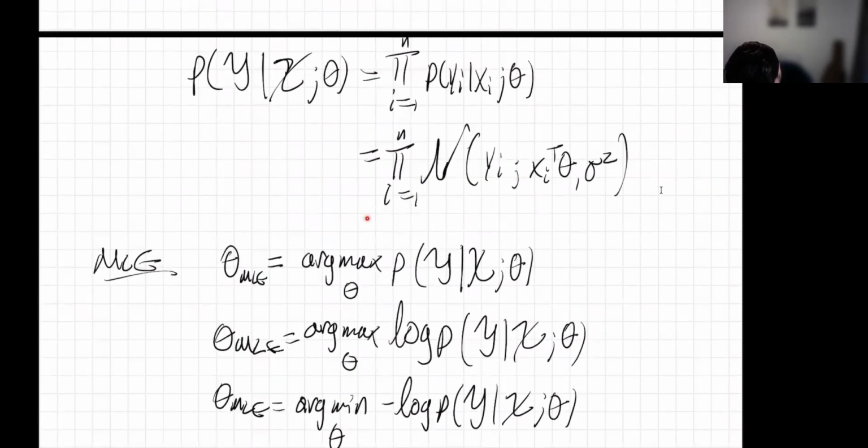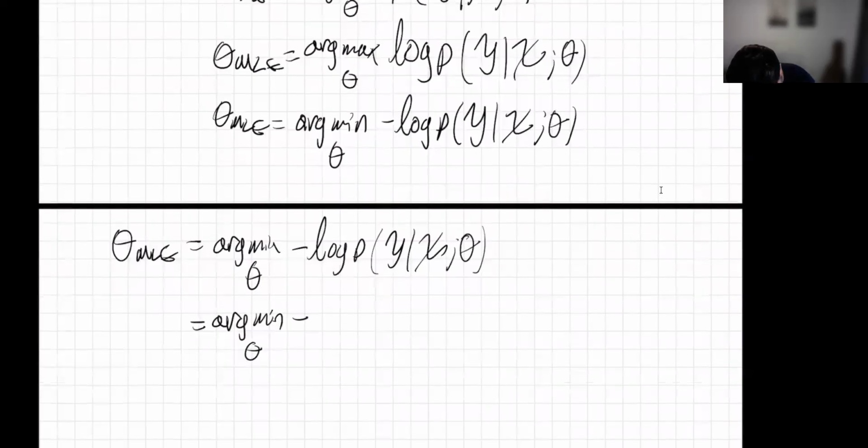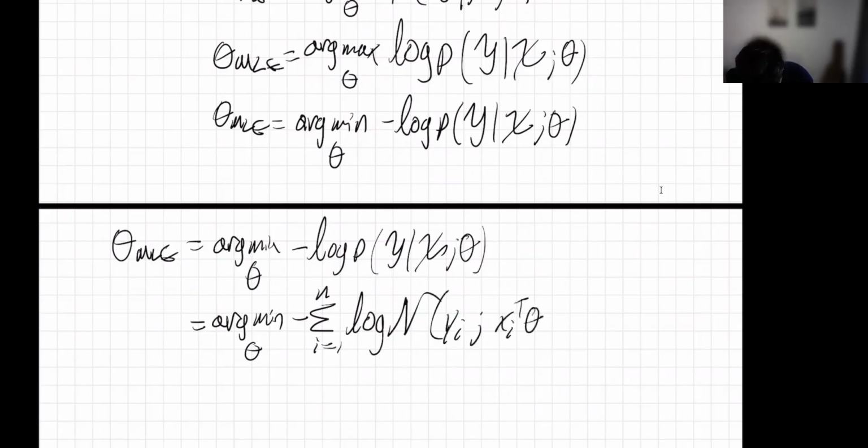If I take the logarithm in front of it, the logarithm is going to turn into a sum. So what we're going to have here is a sum from 1 through n of the logarithm. I'm going to abuse notation again a little bit and put the Gaussian in here, parameterized by its mean and its variance.